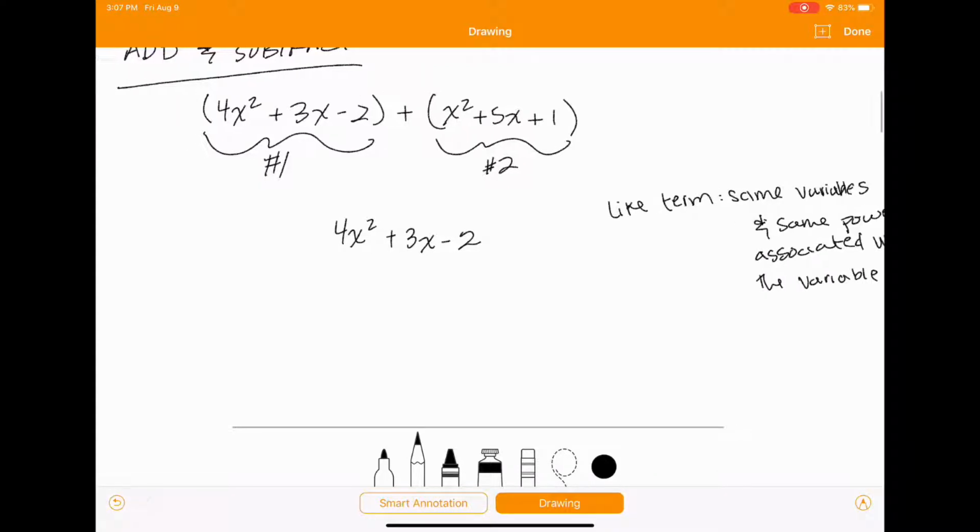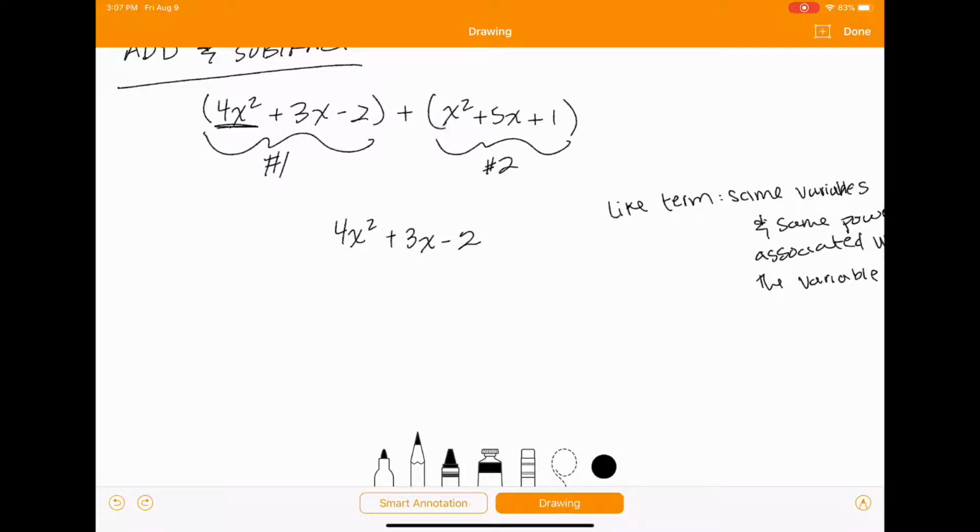So for example, 4x squared and x squared are like terms because they both have x squared in them. The number out in front is its coefficient, and those do not have to be the same. Just the variables and the power associated with that variable. So they both have x, and in both of these examples, x is squared. So those are like terms.